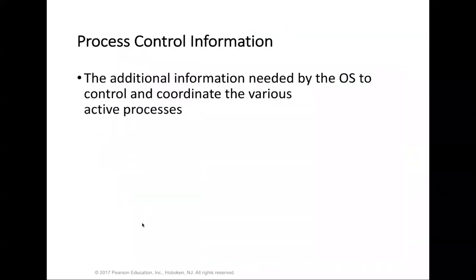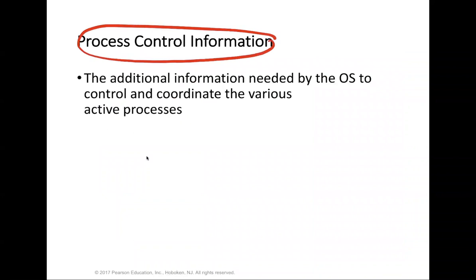The third category to provide full control information when it comes to process control structure, knowing the location as well as the attributes, is the process control information. In the process control information, which is considered as the third major category of information in the process control block, is the additional information needed by the operating system to control and coordinate the various active processes.